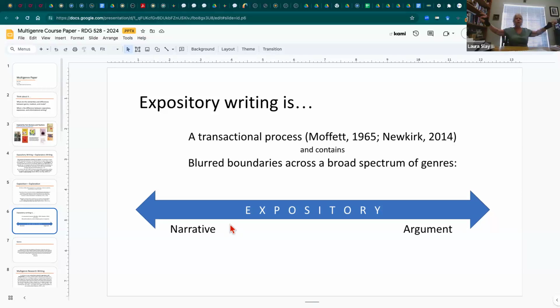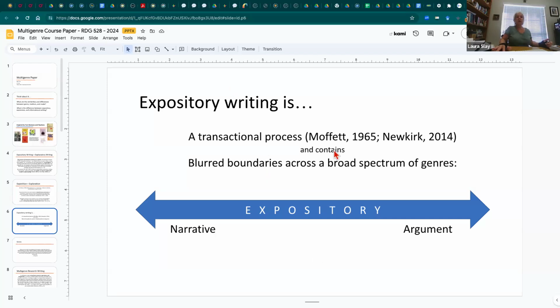Those are two very different pieces of writing, and you can teach the craft and the tools for doing that. But in between, there's this sense of exposition, of sharing your thinking, all the way across that whole spectrum.